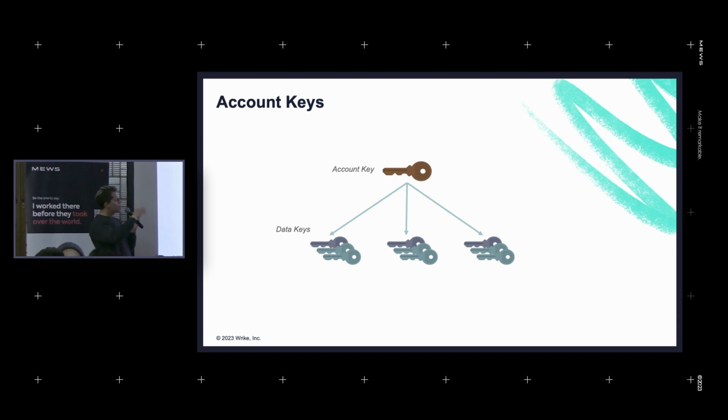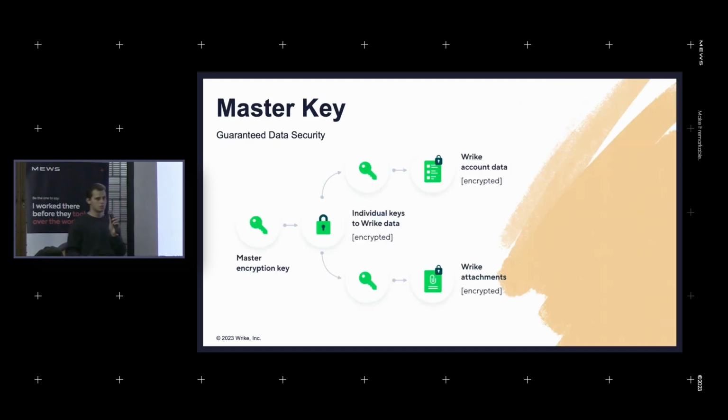So just to recap, we have one account key, one entrance to the whole account encryption, and multiple data keys which it encrypts, and we're almost done, but how to manage the account key? The account key is managed by the customer, which is one of the key differentiators of the Wrike Lock feature. The customer uses AWS KMS, Amazon Web Services Key Management Service, to encrypt or decrypt the account key on demand.